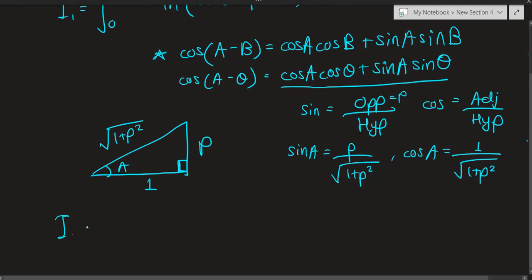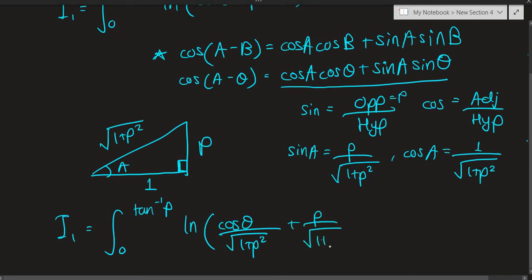So our I1 now becomes the integral from 0 to inverse tangent of p of the natural log of cosine theta divided by the square root of 1 plus p squared plus p divided by the square root of 1 plus p squared times sine theta. But we still have to divide by 1 plus p squared because that originally wasn't in our expression, and we still have to maintain equality. We just can't introduce this square root of 1 plus p squared out of nowhere, right?